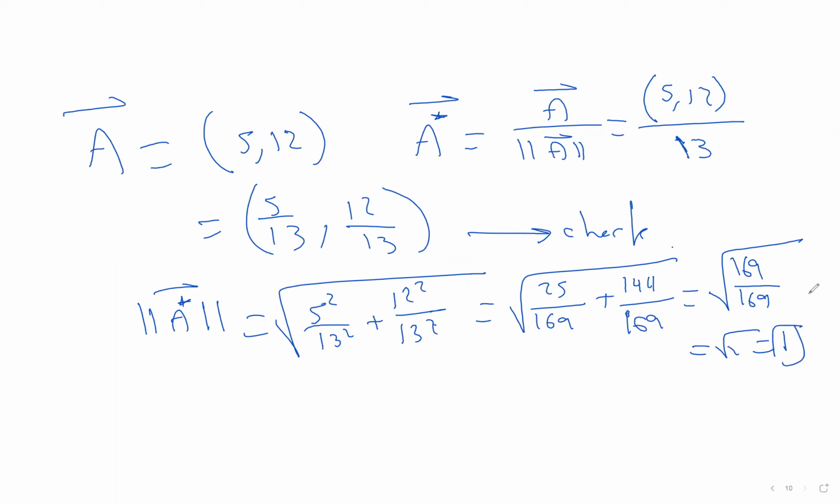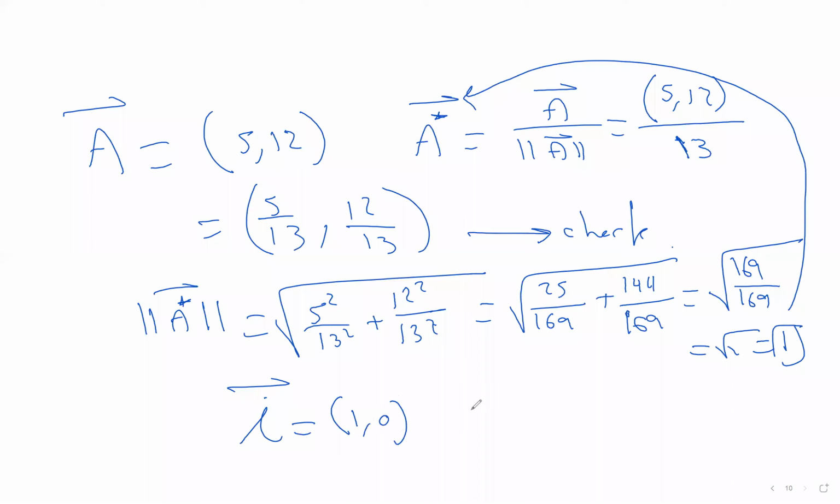So the norm of the unit vector is 1. Like the fundamental unit vector in the direction of the x-axis, 1 and 0, its norm is 1.